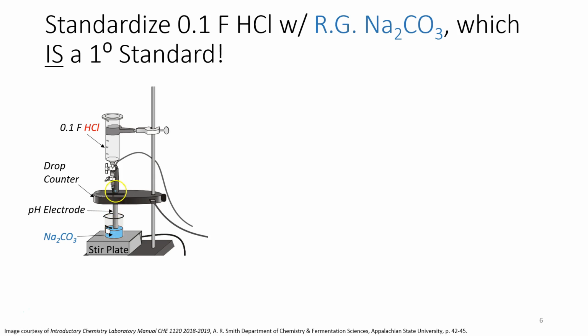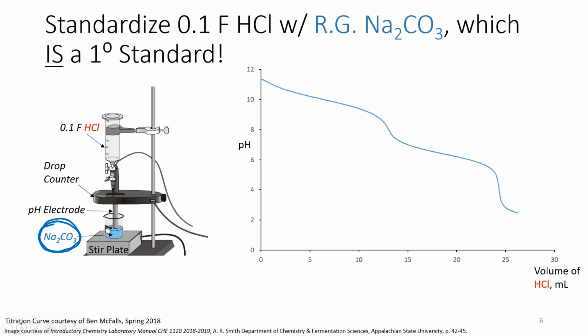So remember, we're measuring the pH during the titration. And if you had a guess, what do you think the initial pH of this sodium carbonate would be? Well, I hope you thought that it would be basic. In this example, it was roughly 11. So let's talk about what's happening during this part of the titration.